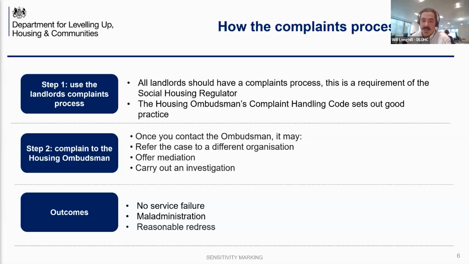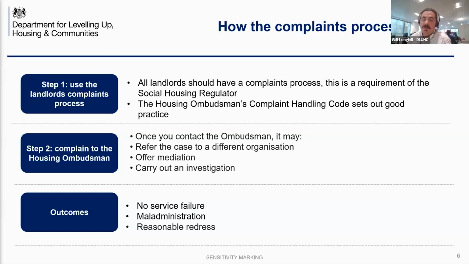It could find the landlord has done maladministration. This is at various levels, which they call maladministration, severe maladministration. These depend on the circumstances, how badly the landlord has failed, and the impact on the resident. Or it could find there's evidence of failure, but the landlord has identified and acknowledged this and has been through its own resolution process, so made the appropriate steps to put that right and offer compensation.